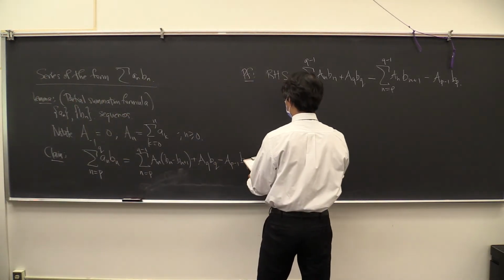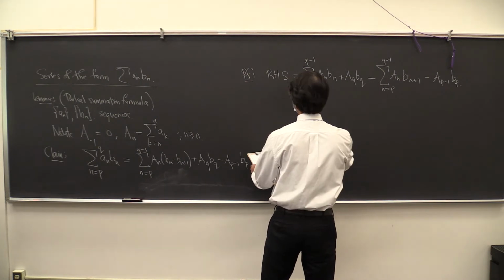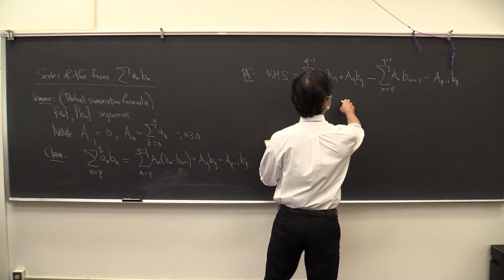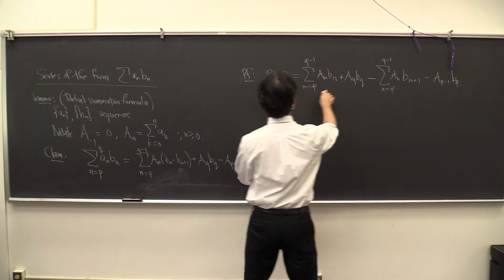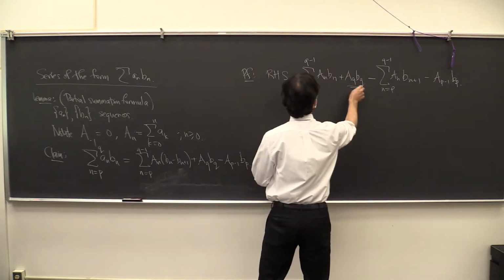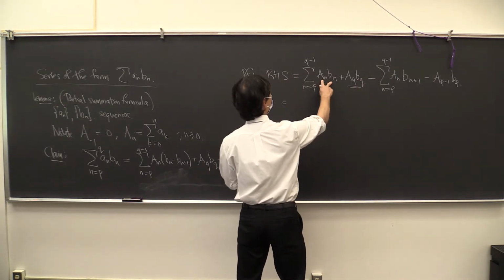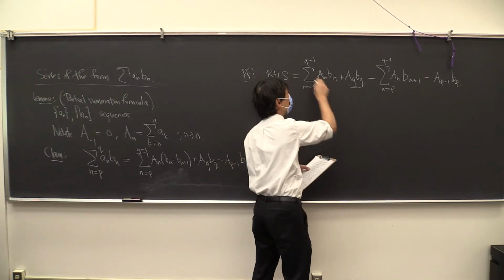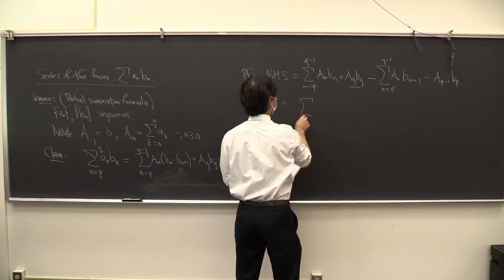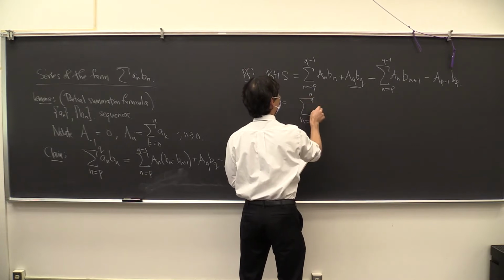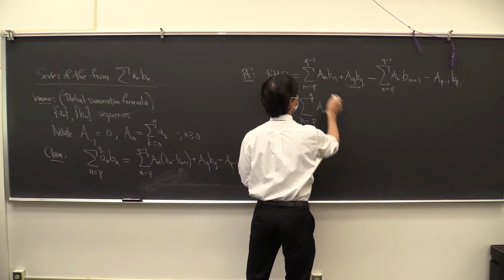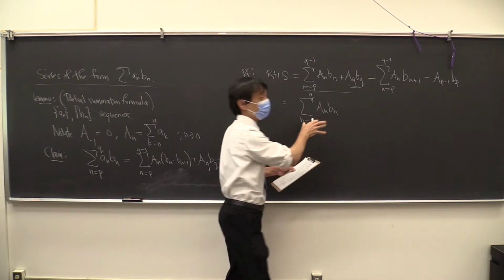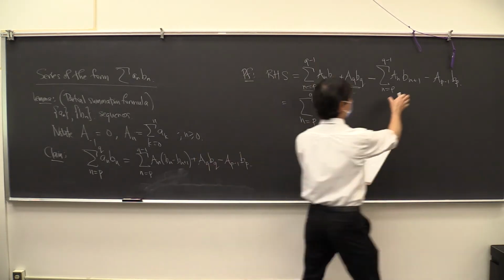So what do we do now? We're going to combine things together. This goes up to q minus 1, but we've got the qth term here, so let's combine it together. This is n from p to q now, a sub n b sub n. We do something similar for the other terms.